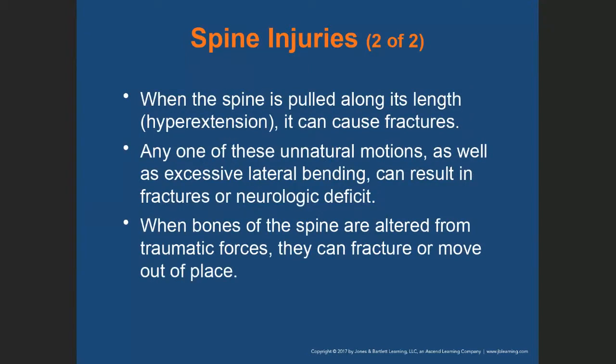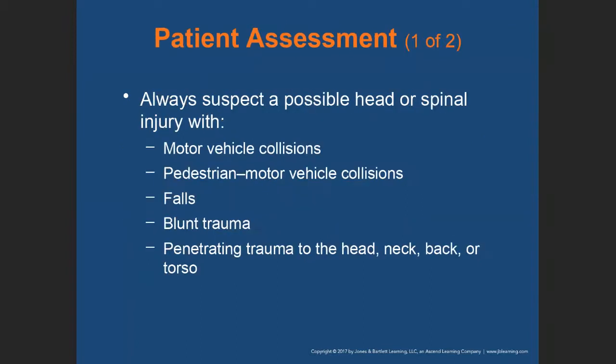When the spine is pulled along its length, you get hyperextension. That's when the head moves back. So extension would be when the head moves back. Hyperextension is when you exceed that range of motion. Any one of these unnatural motions, as well as excessive lateral bending, can result in fractures or neurologic deficit. When bones of the spine are altered from traumatic forces, they can fracture or move out of place.